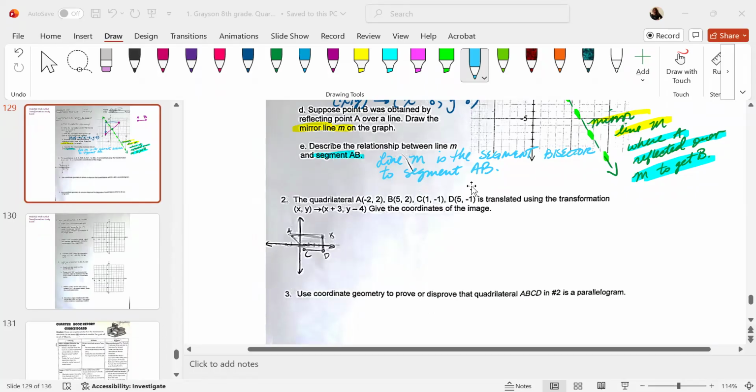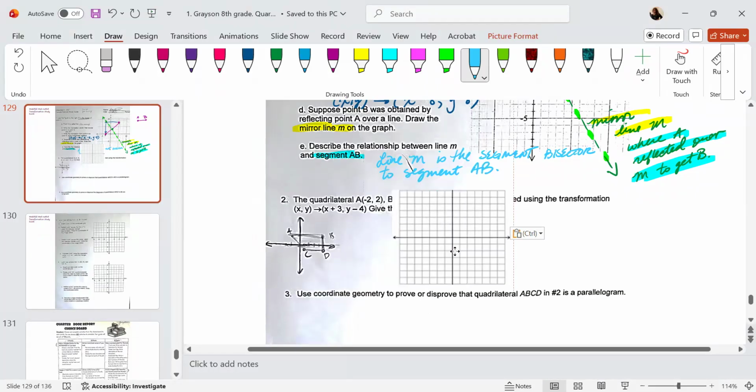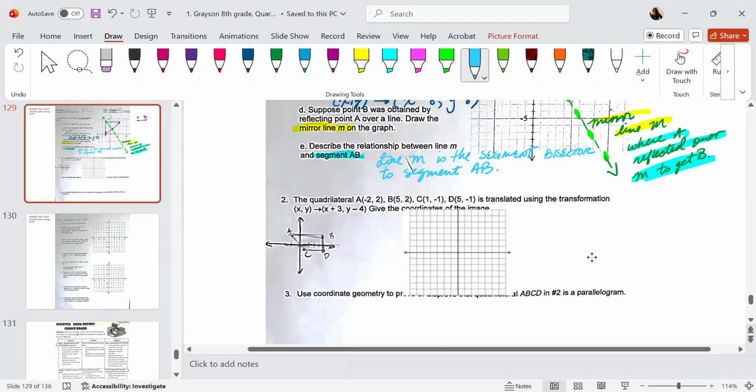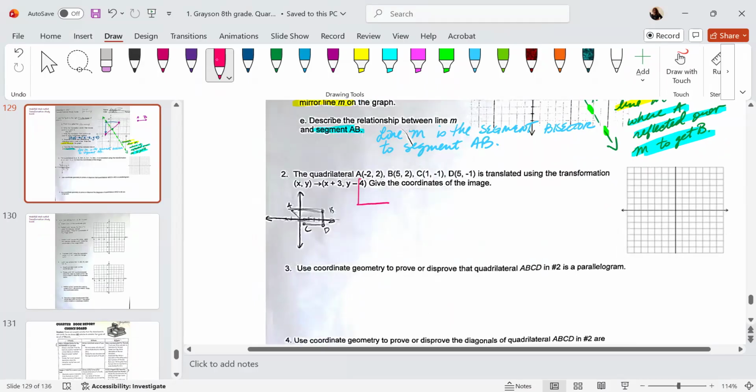So what I did is I basically just added the 3, so in point A, I would add the coordinate notation to point A, which means -2 plus 3, which is 1, and 2 plus -4, which is -2. So first one to plot this, correct?